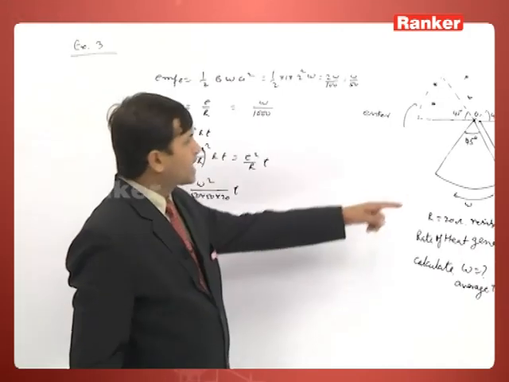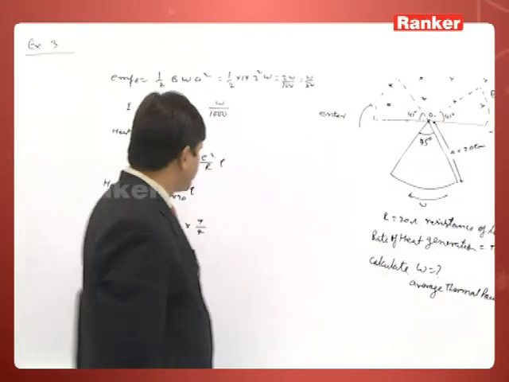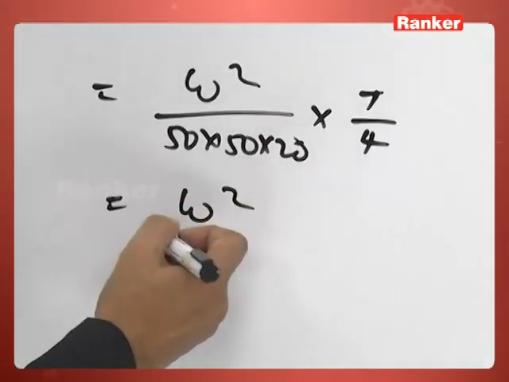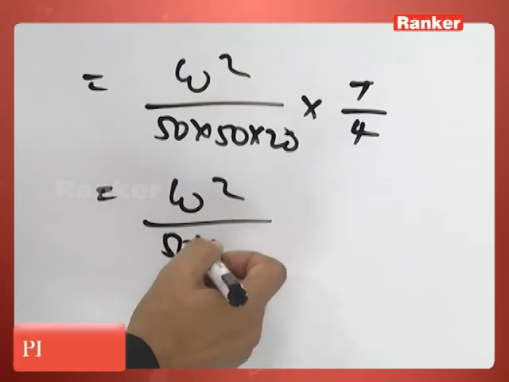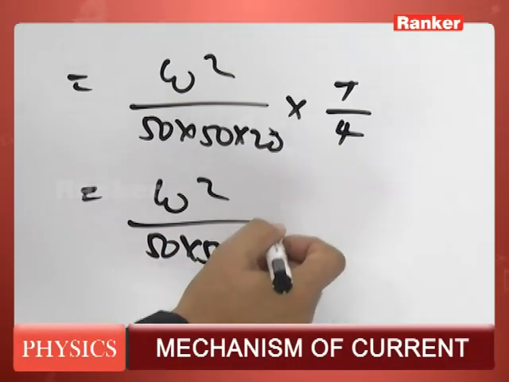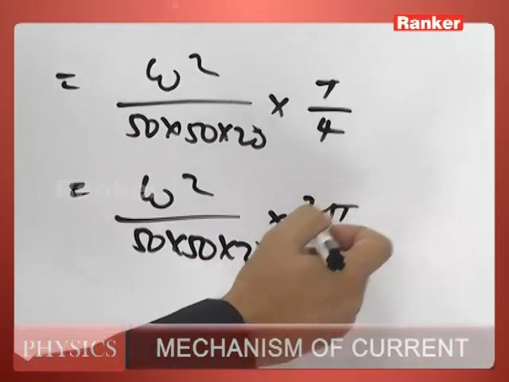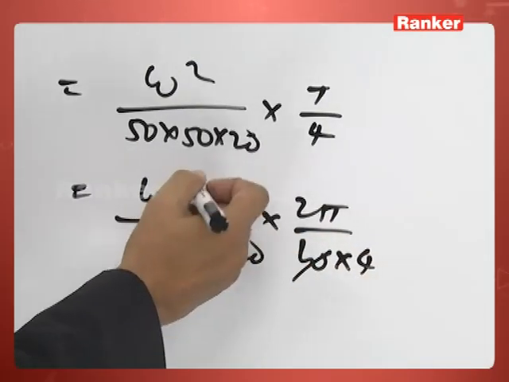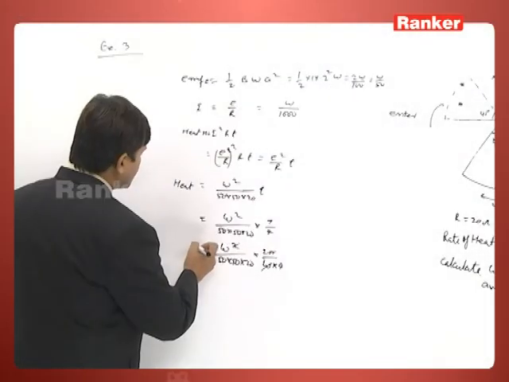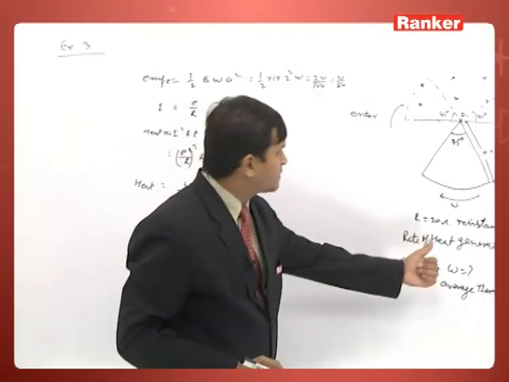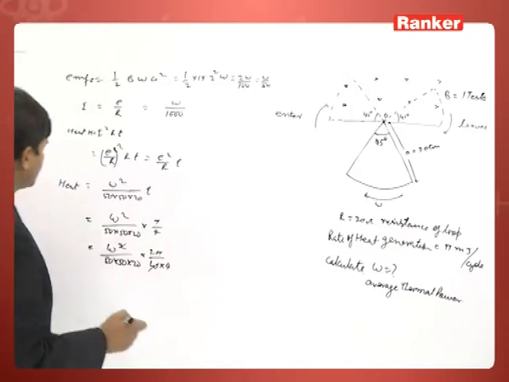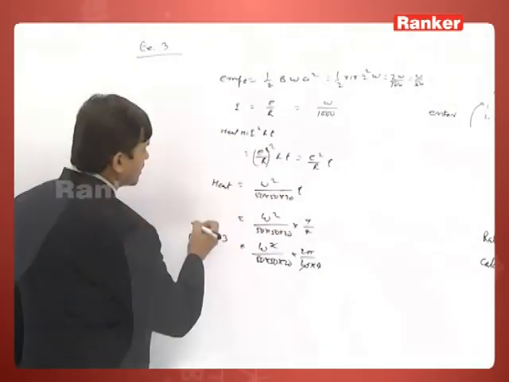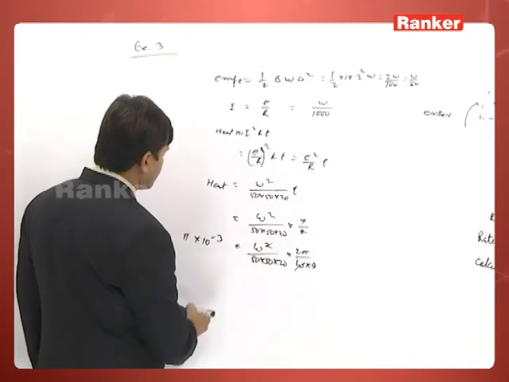So the time of the cycle is 2 pi by omega, into 4. So omega and omega we can cancel, and this heat per cycle is given as pi millijoule. So this is pi into 10 to the power minus 3. Now simplify.